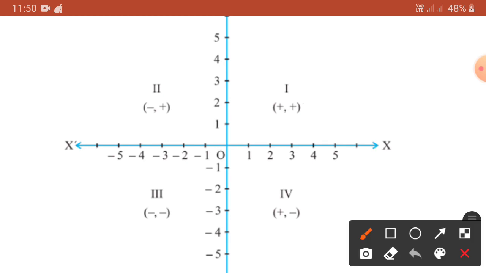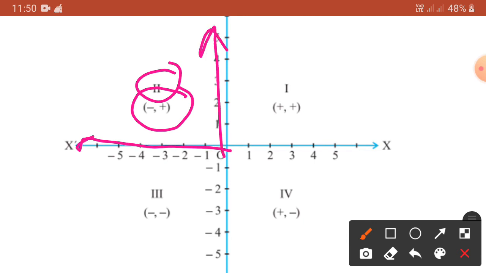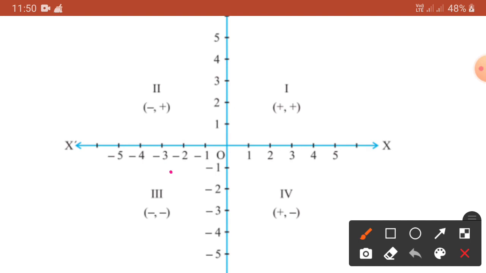If a point is in the second quadrant, then the point will be in the form of minus and then plus, since the second quadrant is enclosed by the negative x-axis and positive y-axis. Then the third quadrant.